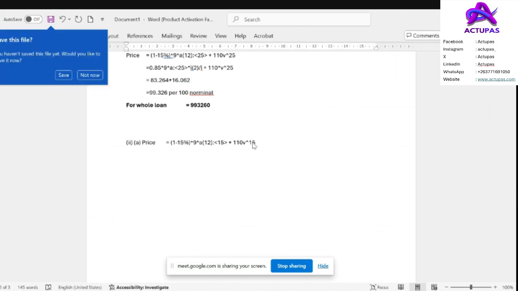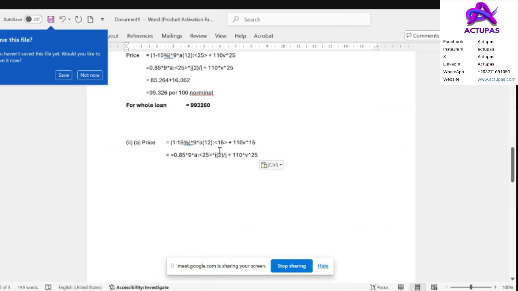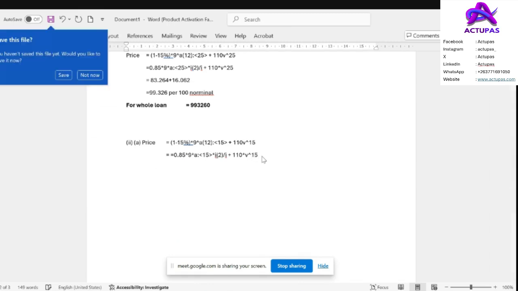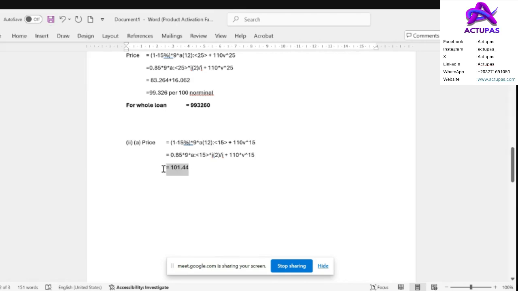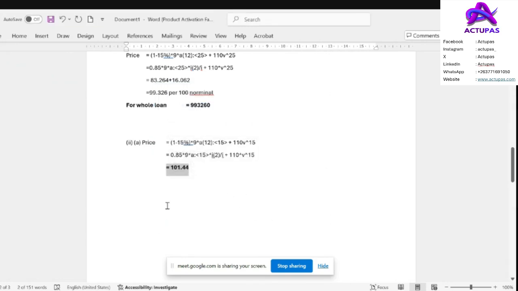And you can get it from the tables like we did in this part. Copy, paste. This part we can get from the tables, and this part we can get from the tables, giving us a solution of 101.44. This would be your price paid by the investor. And then we move on to part B.